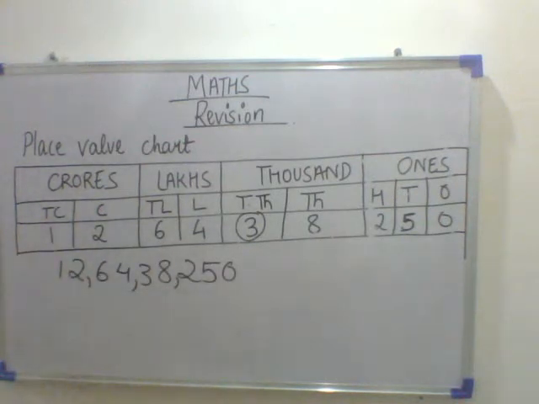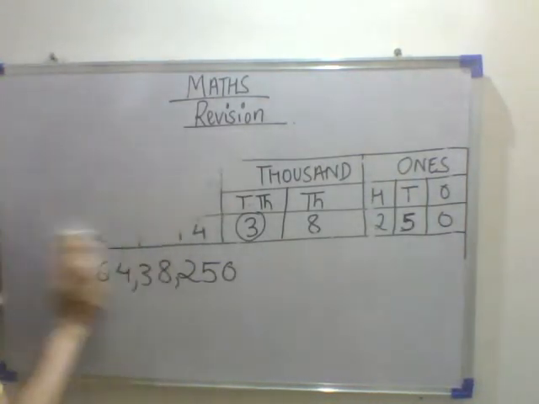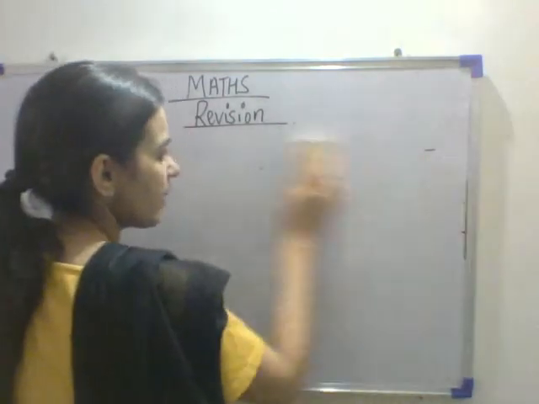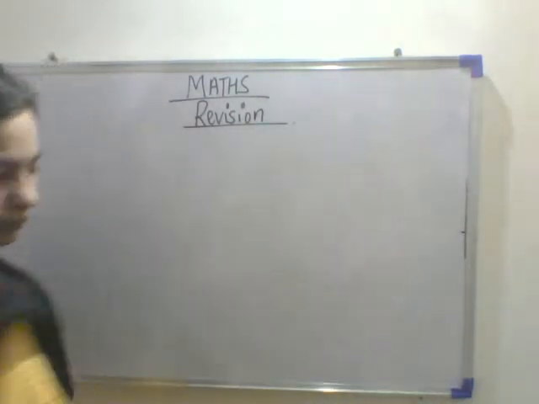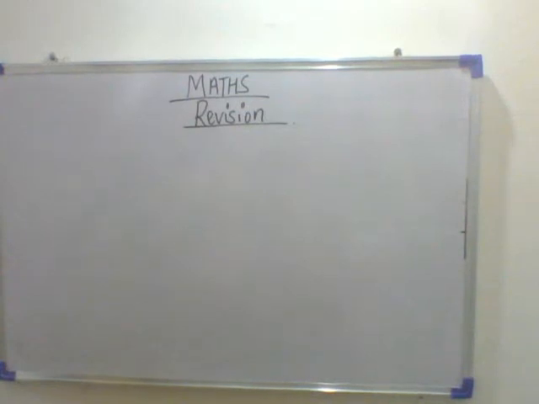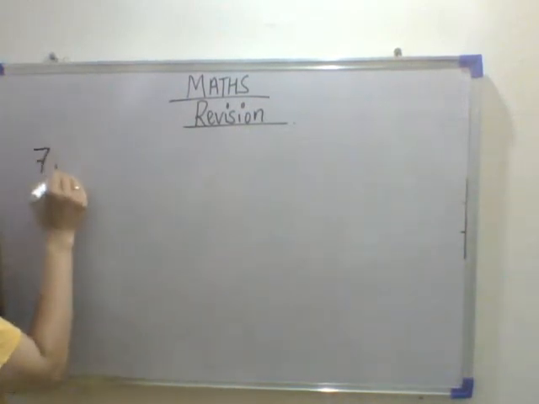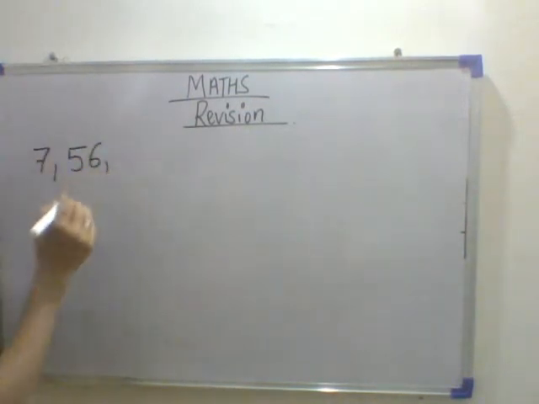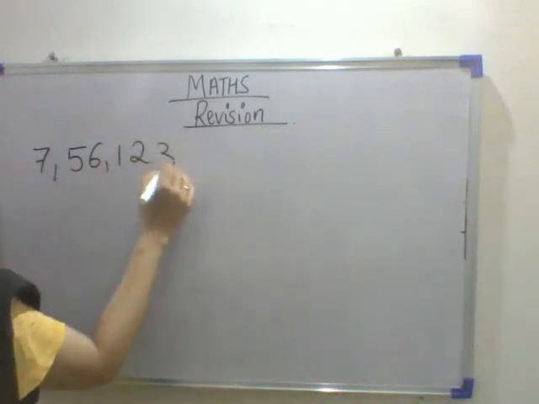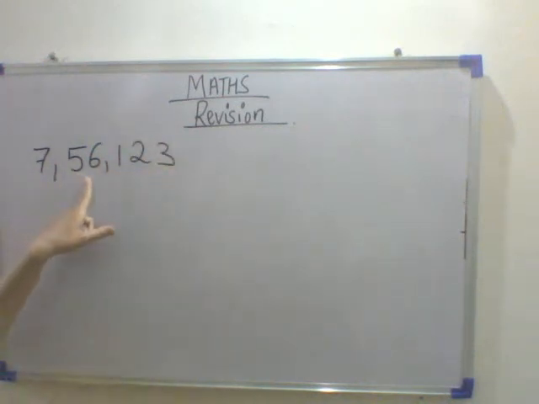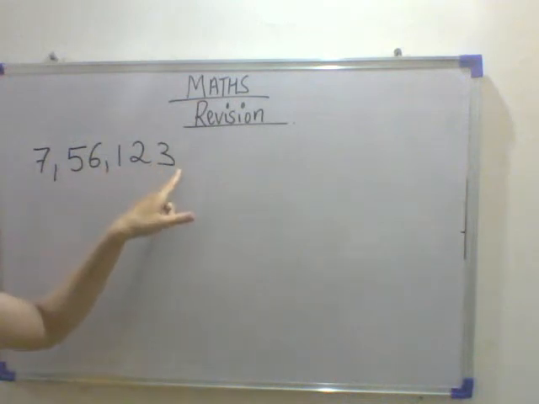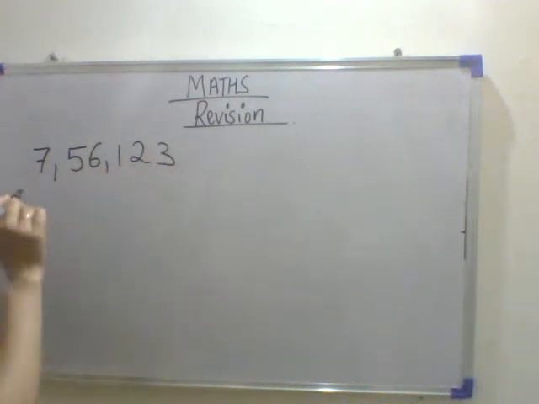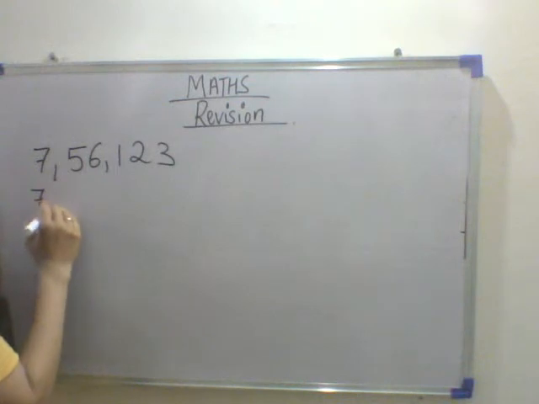The next is the expanded form. In the expanded form, I have given you this number, 7,56,123. Most of you have done this question right.